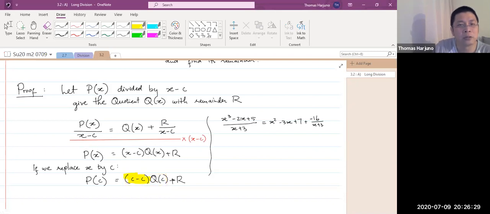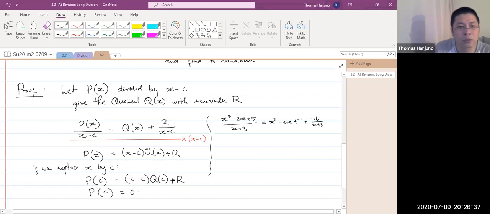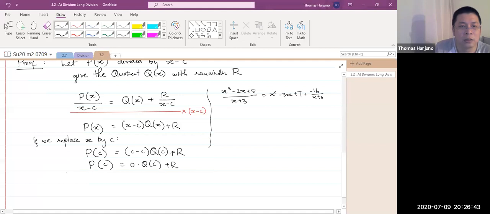Let me write it down explicitly: P(c) equals 0 times Q(c) plus r, but 0 times anything is just 0. Therefore, when you plug c into the polynomial, that equals the remainder.